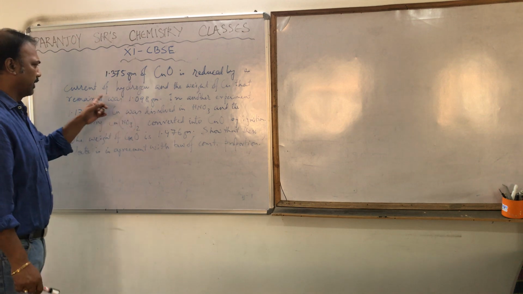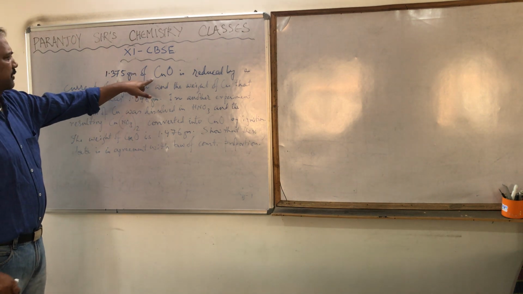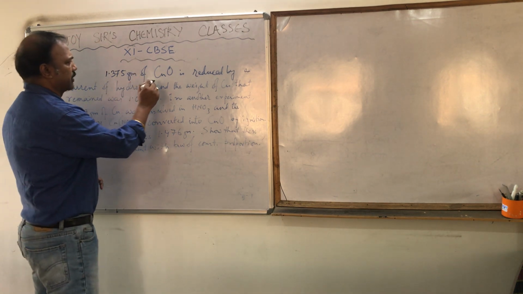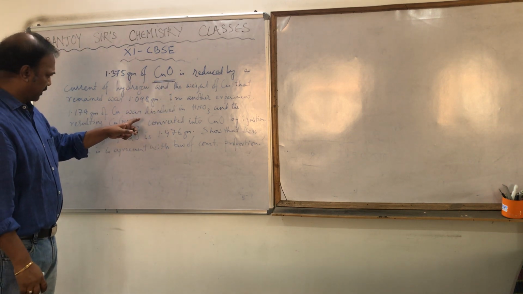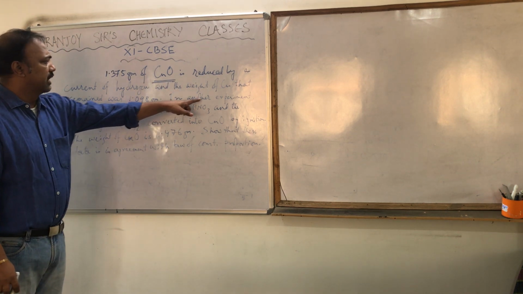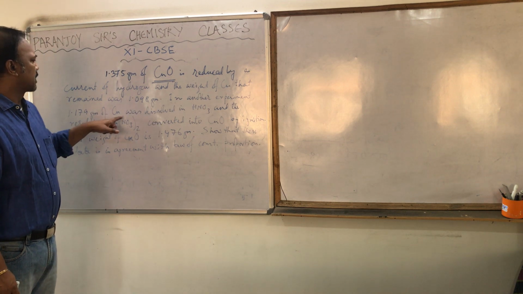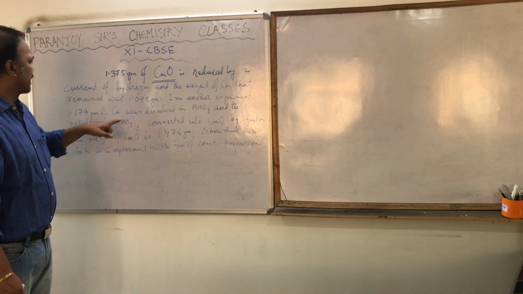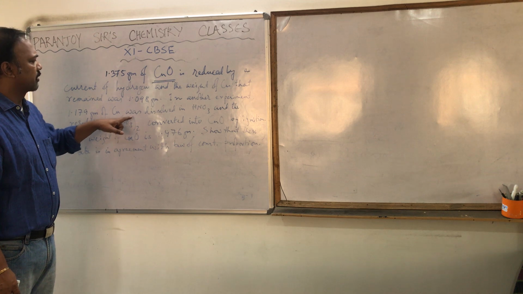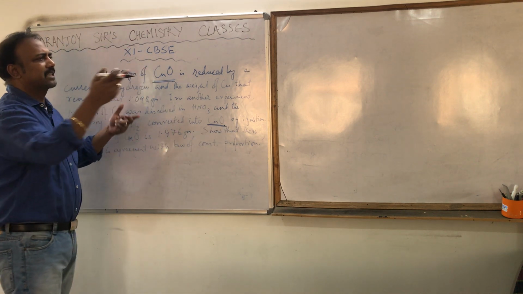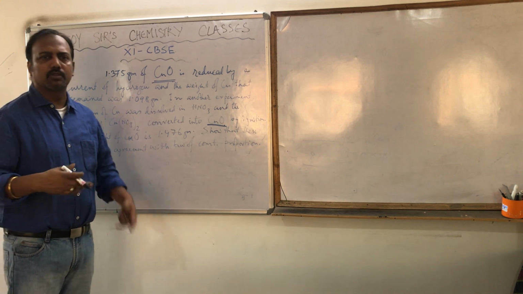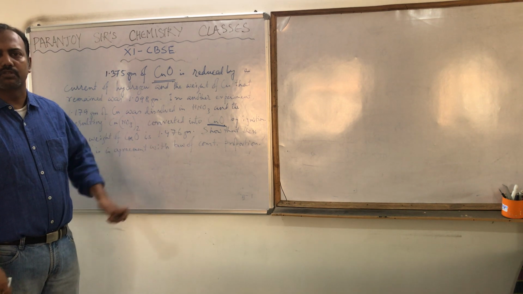In the first experiment we are talking of the compound CuO. In the second experiment, obviously we must be talking of CuO again: 1.179 gram of copper dissolved in HNO3 and the resulting copper nitrate converted into CuO. How it is produced is immaterial to us to solve the problem.